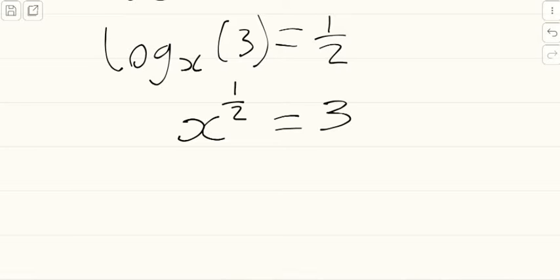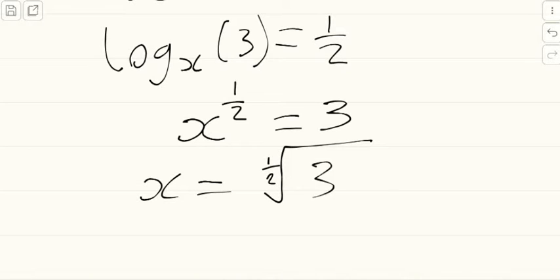Two ways of going about this. Either you can know that raising to the power of a half is the same thing as square rooting, or we can just say that, again you can use your calculator for this, x is equal to the half root of 3, which is going to be equal to 9.